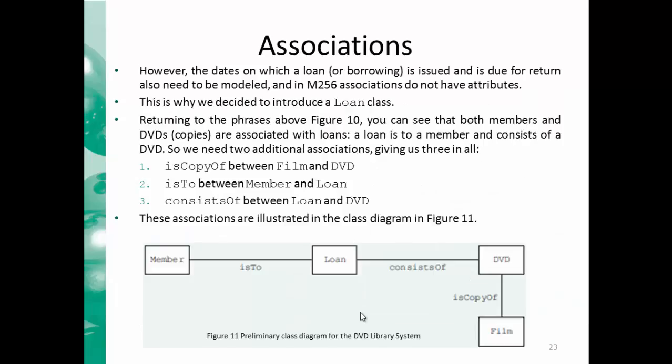Now, in this diagram, which is a class diagram, we know that member is connected to loan, but how many members are connected to how many loans? We have no idea, and the diagram doesn't tell us anything about this.